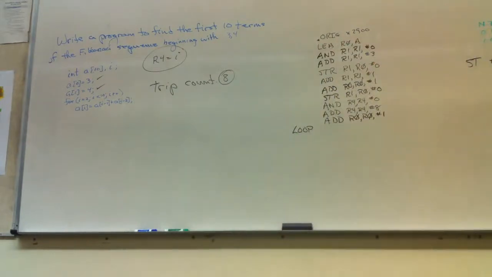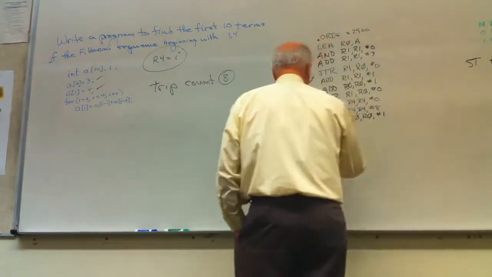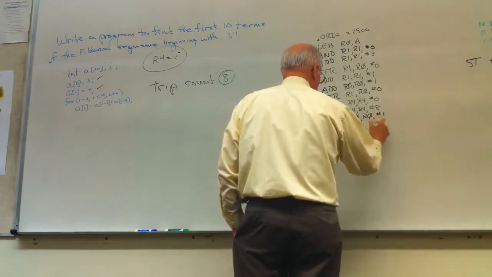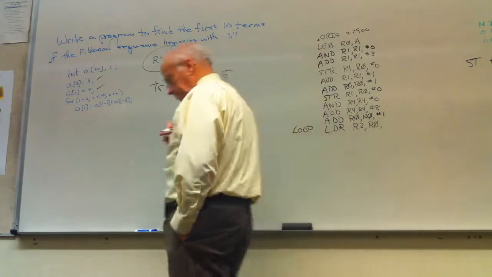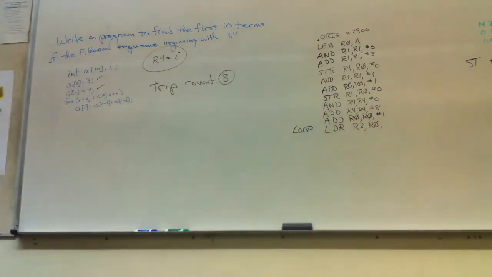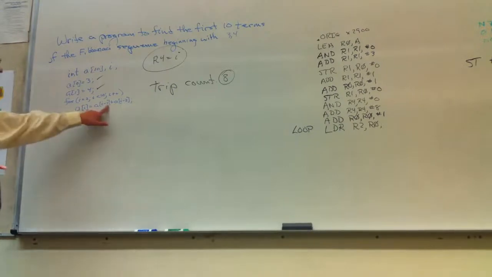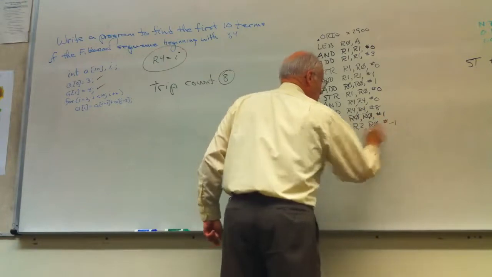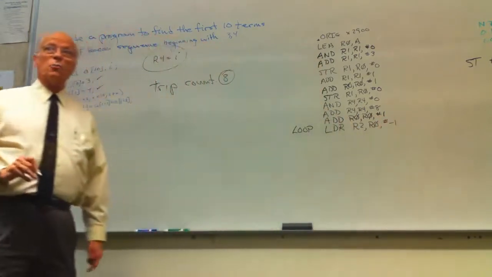I can use the LVR instruction. Register 0 basically contains the address of A[i]. I want to go one back from that. Yeah, I can use a -1.